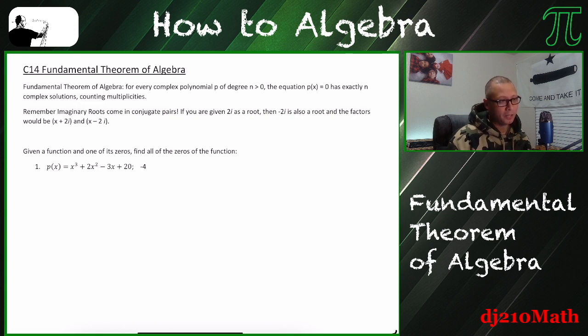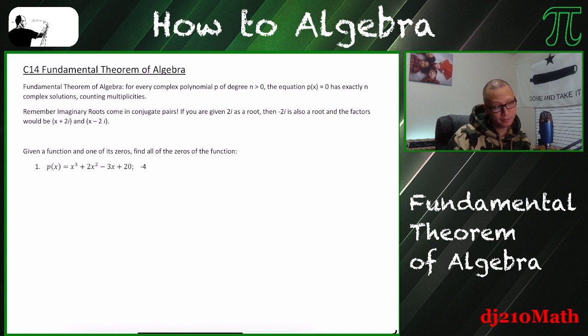One thing to note is that if you're given a complex number, an imaginary number, for the root, the way I teach it and remember it is that i's always come in pairs. If I give you an i that's a root, then you need to find the other i.